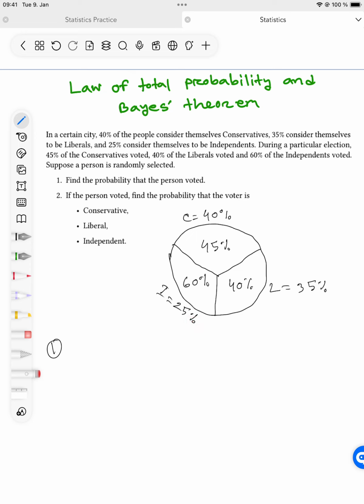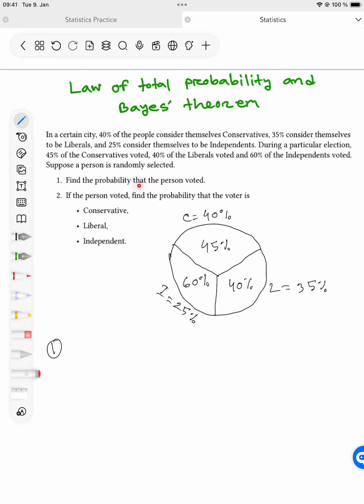During a particular election, 45% of the conservatives voted, 40% of the liberals voted, and 60% of the independents voted. Suppose a person is randomly selected. Find the probability that the person voted.